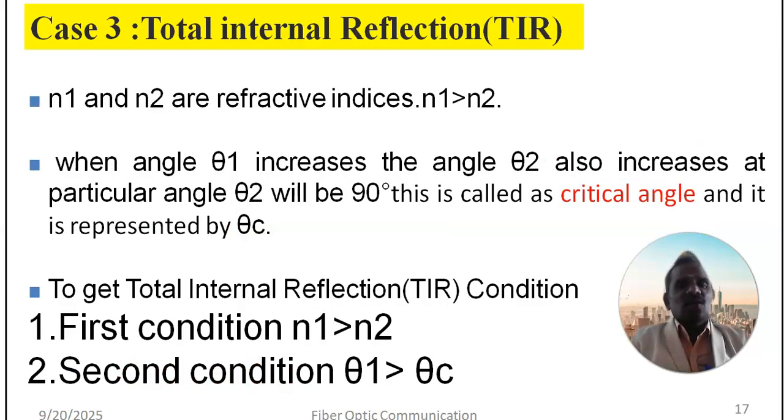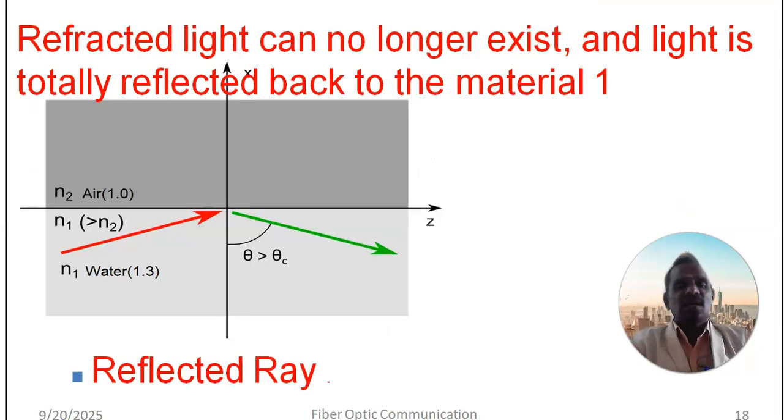Then last is total internal reflection. The first condition is N1 should be greater than N2. The second condition is theta 1 should be greater than the critical angle. That is the condition, so we have two conditions. If these are satisfied, this ray will reflect, which is called total internal reflection, into the same medium, right?